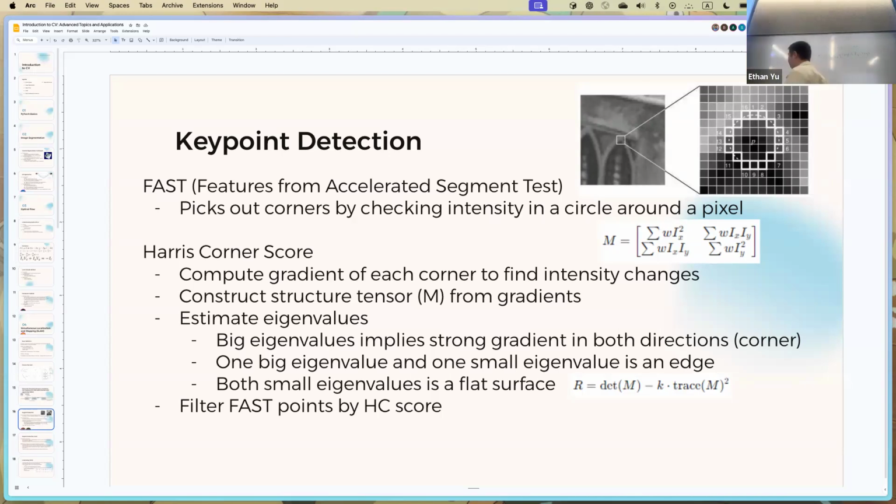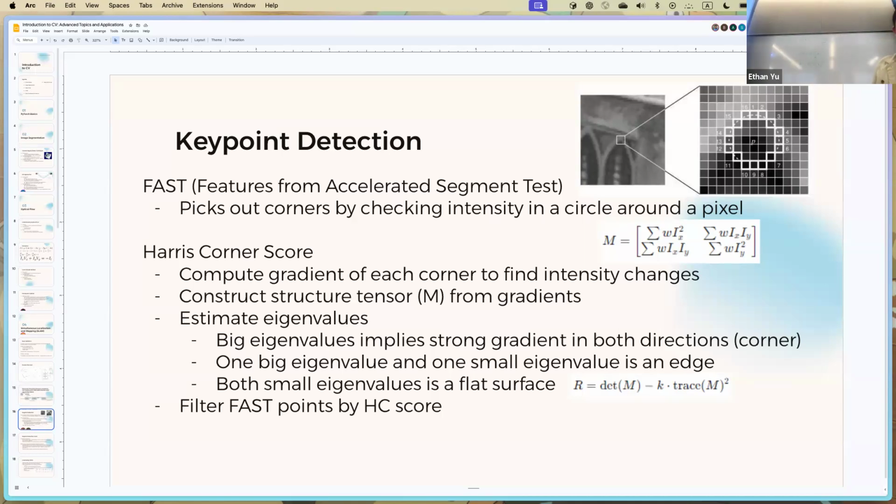For any matrix, you guys know what the determinant is. The determinant of the matrix is always equal to the product of the eigenvalues. And the trace of the matrix is always equal to the sum of the eigenvalues.